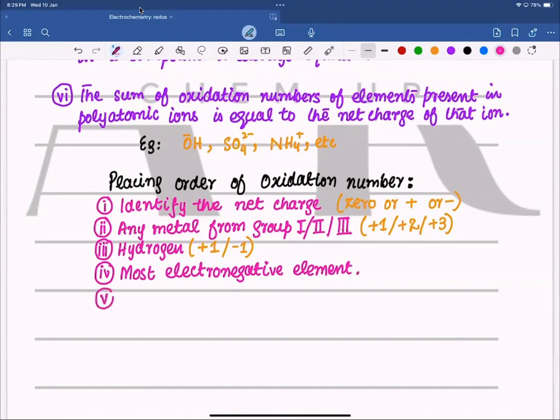After this, if there is any other element left, put its oxidation number.